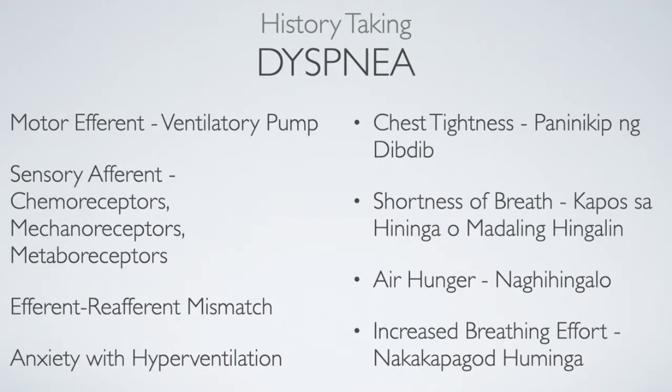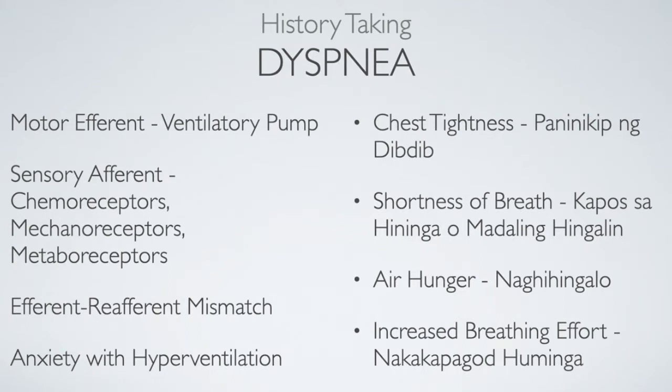And you have metaboreceptors in your muscles, which tell your brain, oh, we are accumulating too much carbon dioxide. Oh, we don't have enough oxygen. Either way, the brain is informed that there needs to be more oxygen coming in and more carbon dioxide needing to be released to the atmosphere.